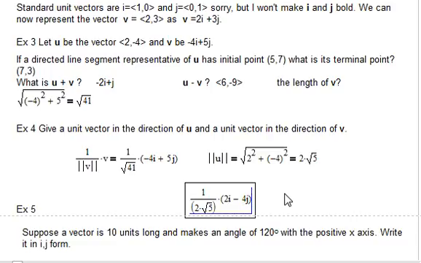I think a tad. We could call this 1 divided by root 5 times i, and then minus 2 divided by root 5 j.